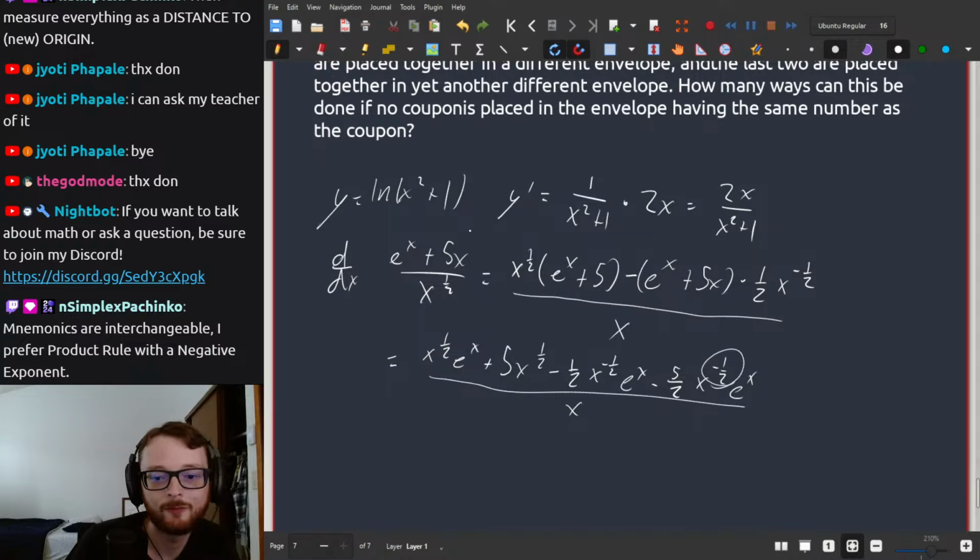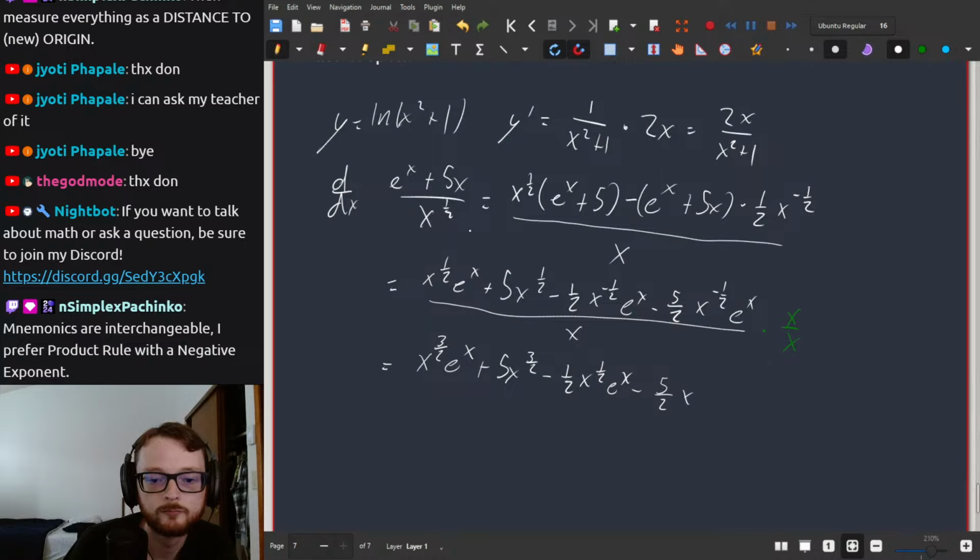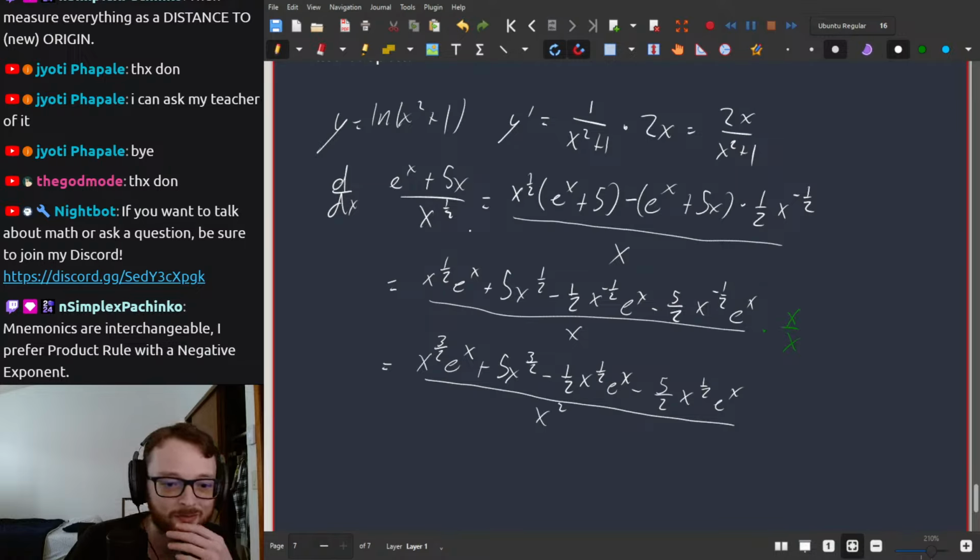We could get rid of these negative exponents by multiplying through by x over x. Other than that, I wouldn't really touch anything else here, to be honest. It's just kind of ugly. So yeah, I mean, I would call that my answer.